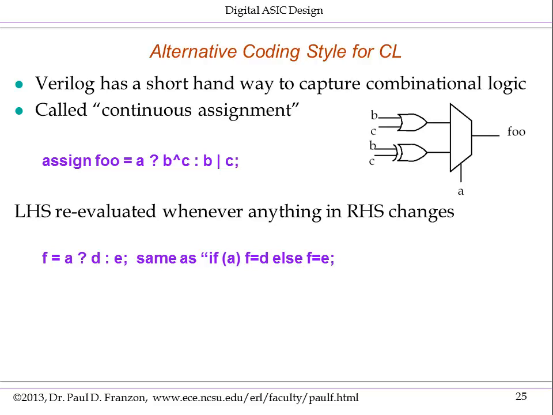So if A is 0, then the output is D. Else if A is 1, the output is E. So we evaluate the statement before the question mark. If that is true, we choose the first alternative. Else, if that is false, we choose the second alternative. This is the same as an if-else statement.